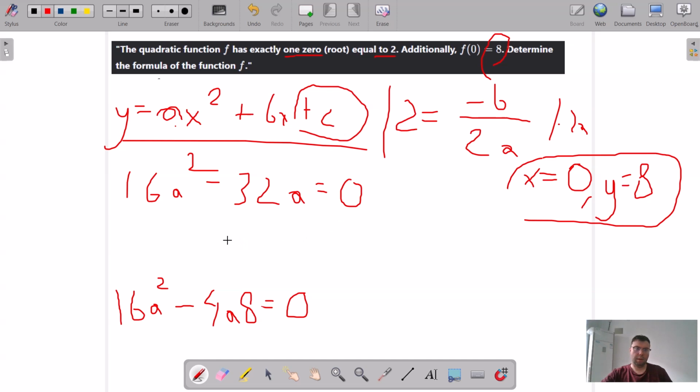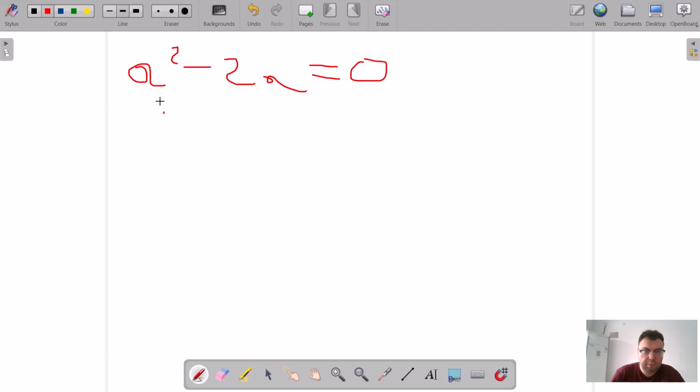So what can we do here? We can divide everything by 16. So you will have a squared minus 2a equals 0. Now we have this form of equation, and we can solve it by factoring.